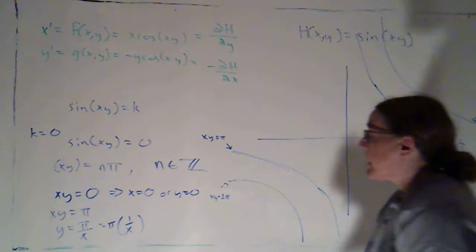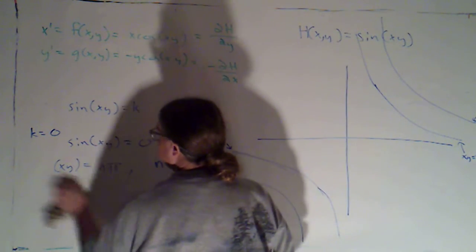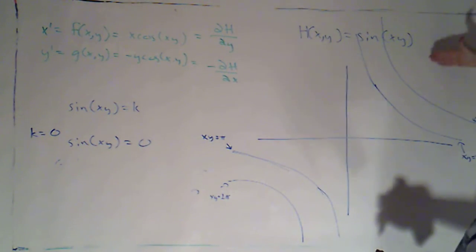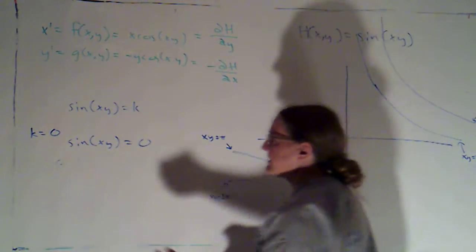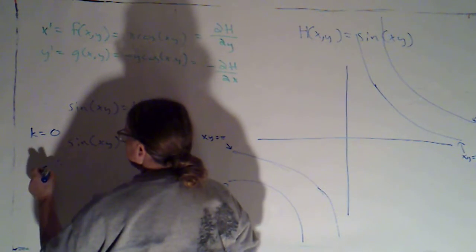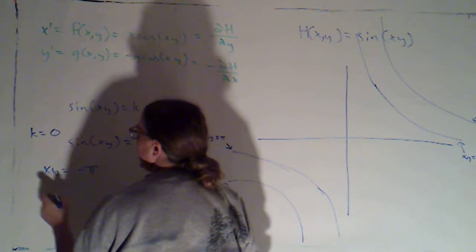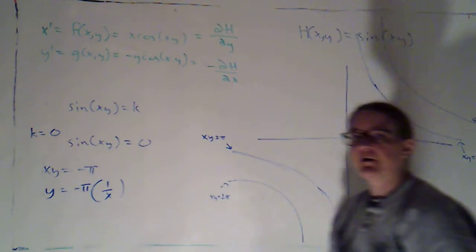So far, we looked at what happens if n is 0 or if n is positive. And I can sort of see if n is 3 or 4 or 5, I'm just going to keep getting curves that are further and further away. Let's look at if it's negative. If xy is equal to negative pi, y is just negative pi times 1 over x.